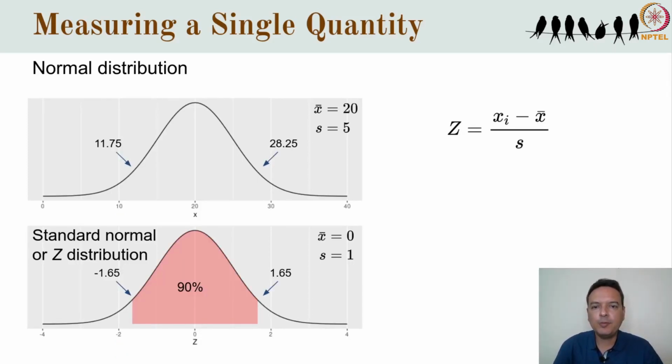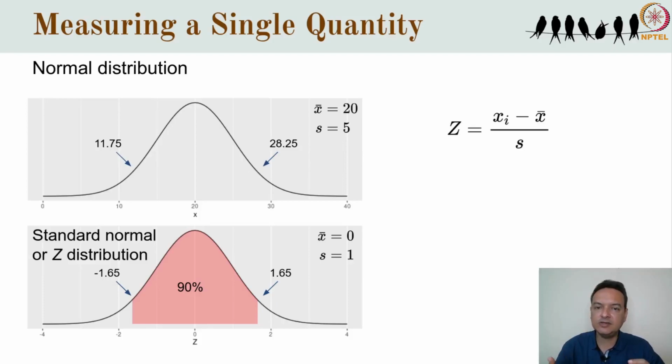Finally, from the properties of the Z distribution, we know that the range -1.65 to +1.65 covers the central 90% of the distribution. This corresponds to ±1.65 standard deviations from the mean in the original data, which is ±1.65 times 5, which is ±8.25.